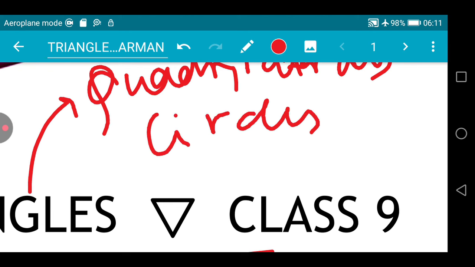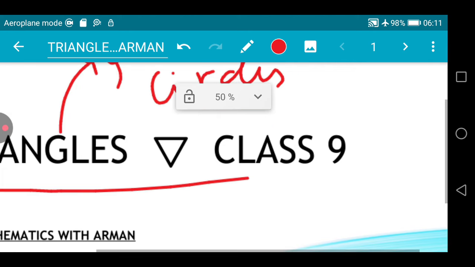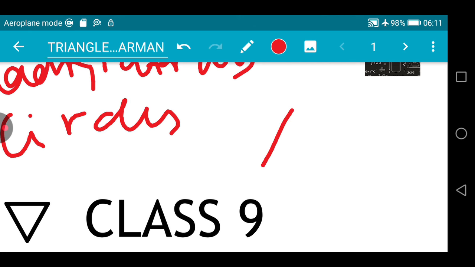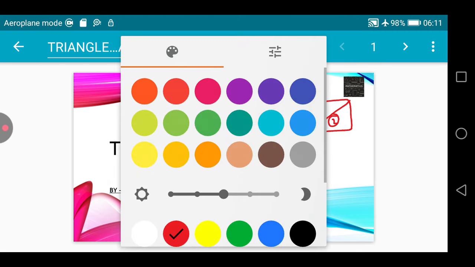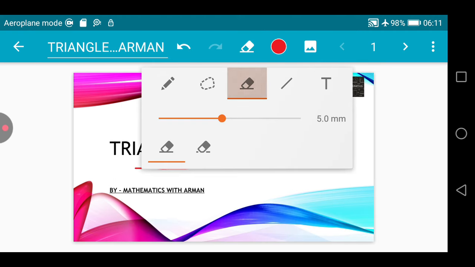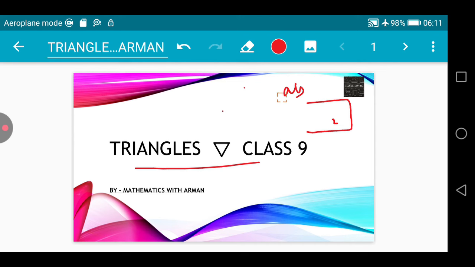Many topics are there in which triangles come. Like this, if I make a quadrilateral here, and if I divide this and make a diagonal, here become two triangles. So that's why this chapter is most important for class 9.